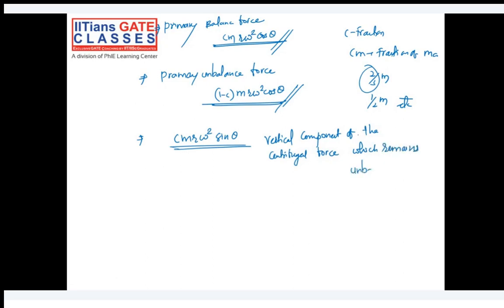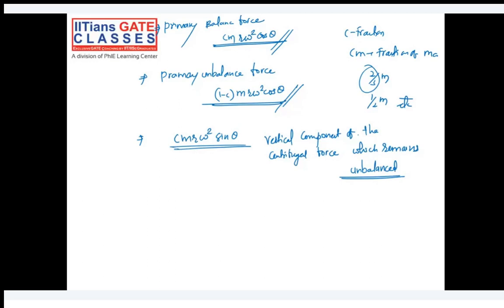Are you following it? So this is the kind of compromise you have to make. If you feel the unbalanced force is high, you can do a small balancing of it, but at the cost of a little unbalancing in the vertical direction.